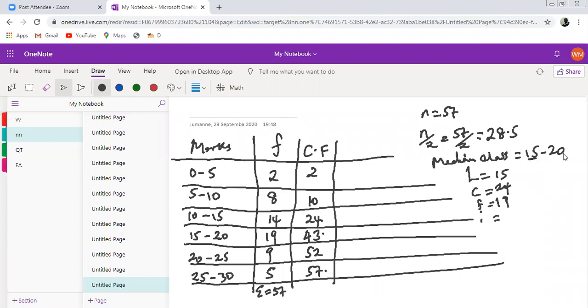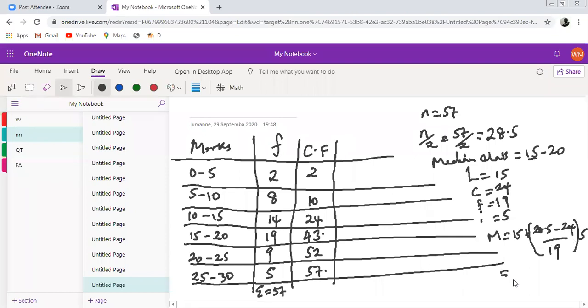You get the difference between these limits, which is 5. Now you can calculate the median as given by L, which is 15, plus n over 2, which was 28.5, minus C, which is 24, over F, which is 19. Then the whole of this part is multiplied by 5. You work that out, then you are done.